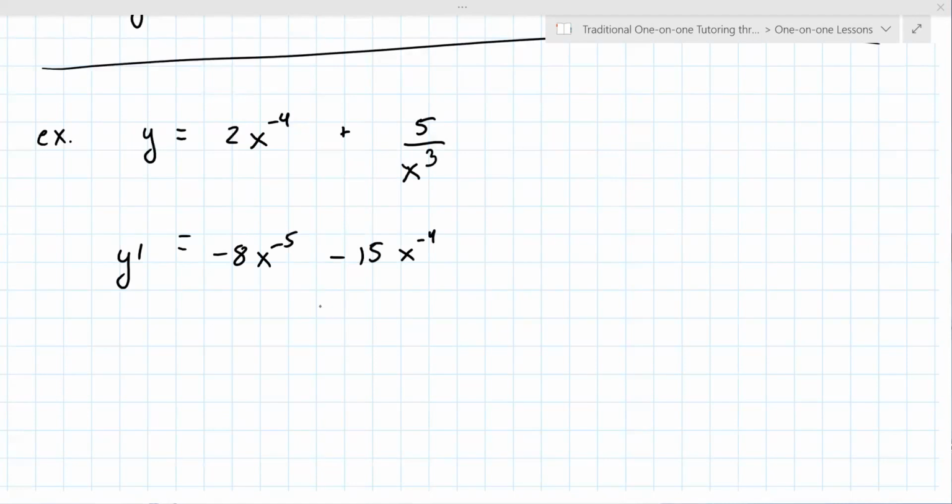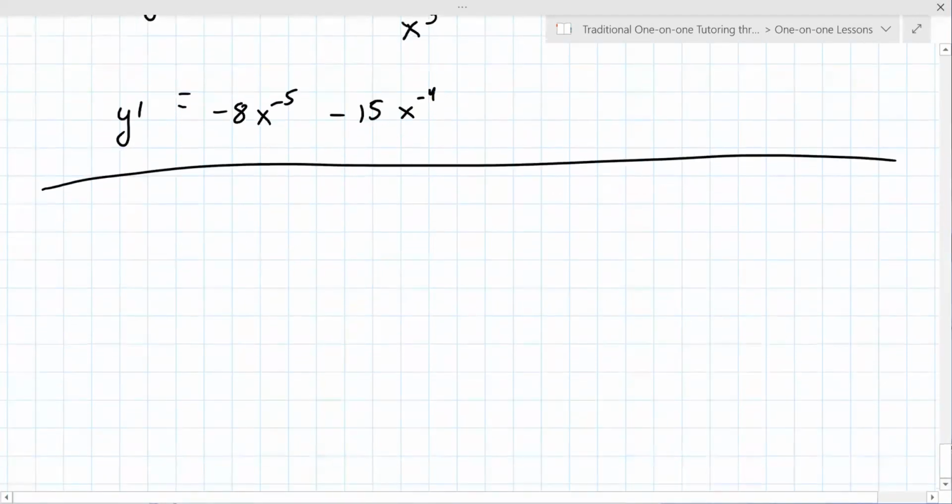All right, let's try another one here. So I can give you different forms. I can say f of x equals minus 3x minus 3 over x, like this. So the first one here, what's the derivative of minus 3x?